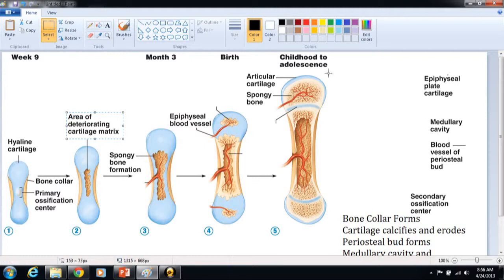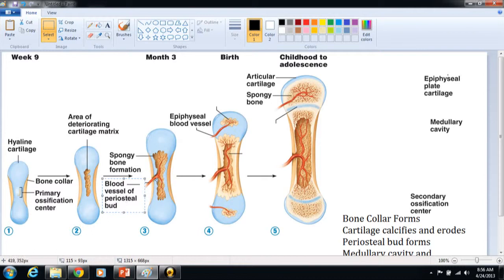Okay, once you have cavities, that gives space for blood vessels to then go into the center of the bone. And that's what's called the periosteal bud.